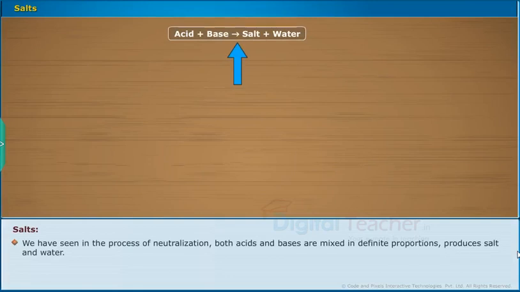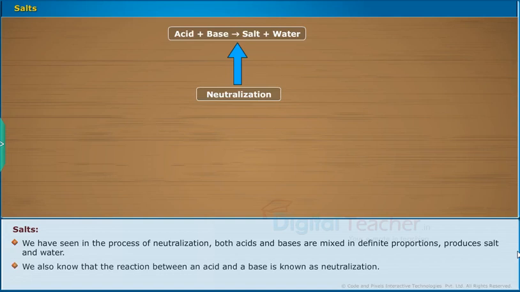Let us know about salts. We have seen in the process of neutralization, both acids and bases are mixed in definite proportions, producing salt and water. We also know that the reaction between an acid and a base is known as neutralization.